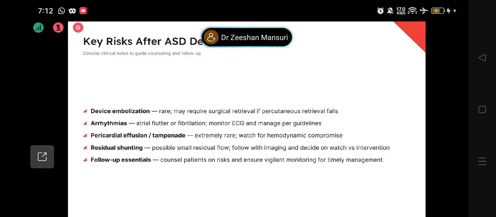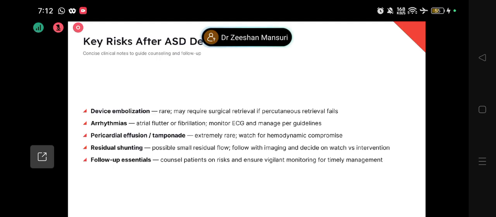And if there is friction of the blood flow through the device, whether it is an ASD, VSD or PDA, there is a high chance of hemolysis. This hemolysis will present as cola-colored urine and acute kidney injury 48 hours to 7 days after the device deployment, and sometimes even earlier.